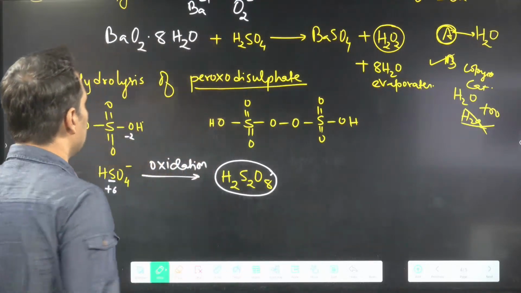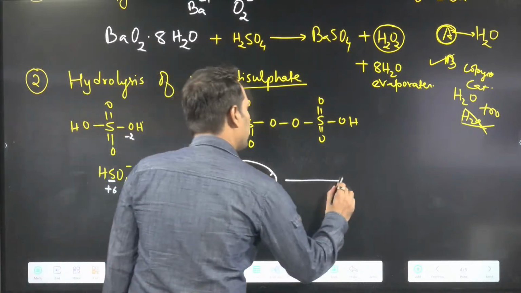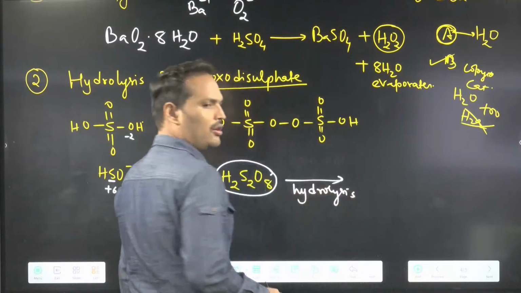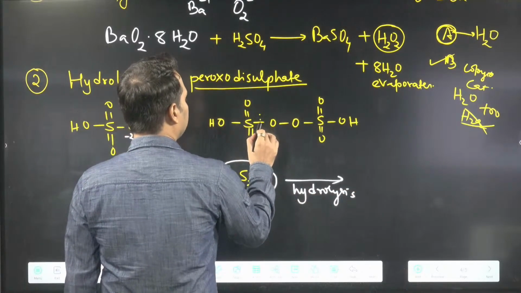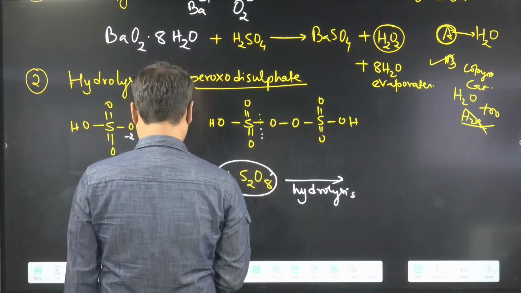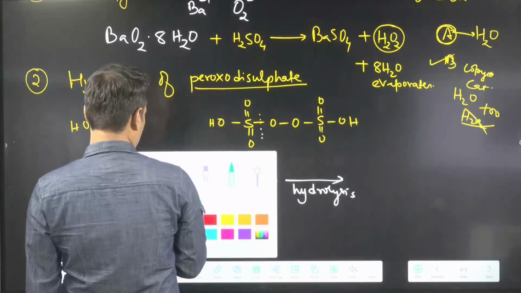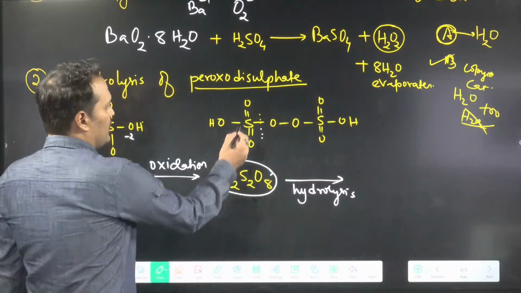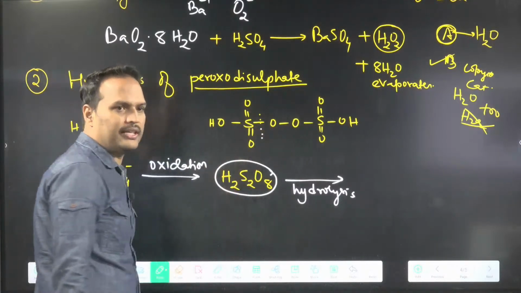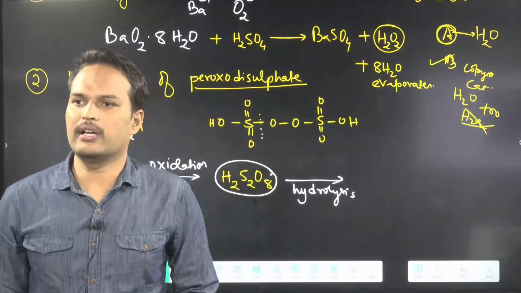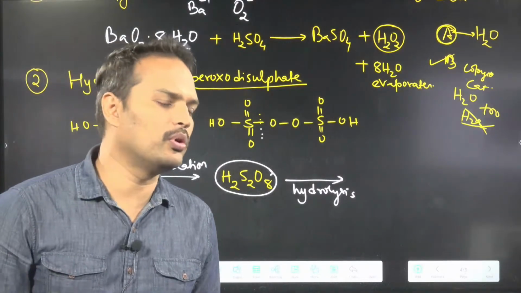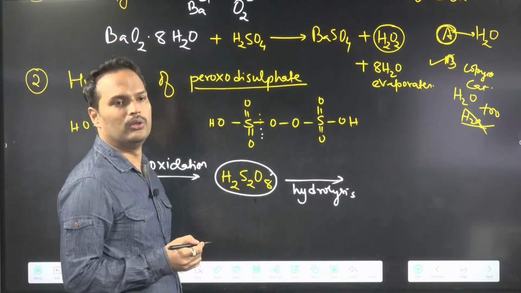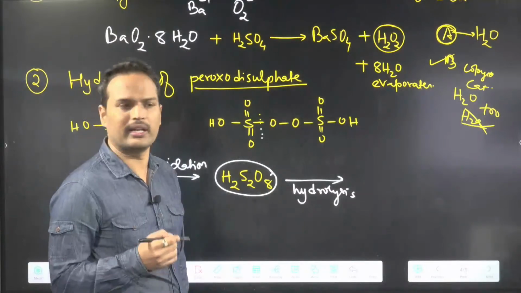Now I have to do hydrolysis. What is the shortcut method? Break the bond. Sulfur and oxygen, who is more electronegative? Oxygen.